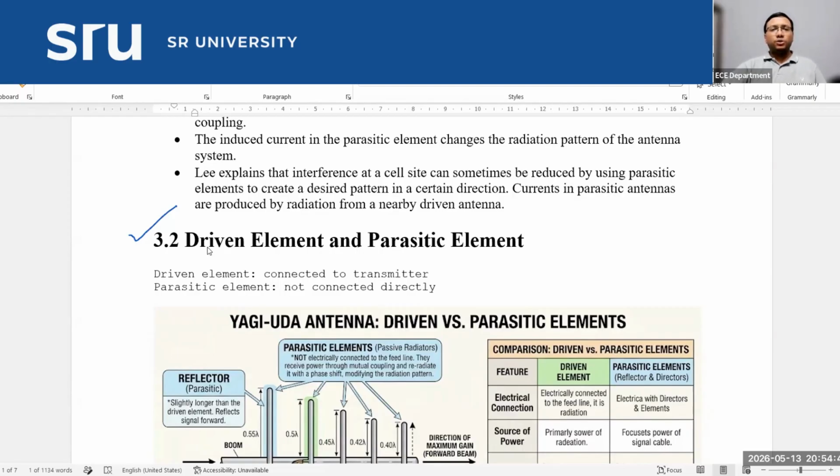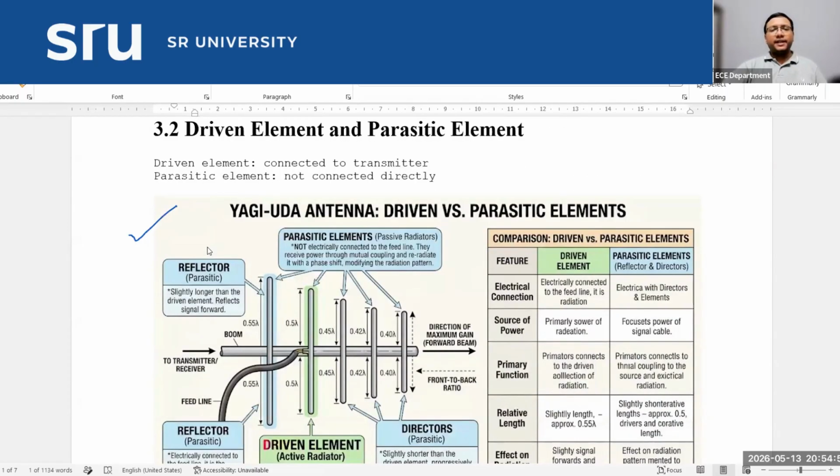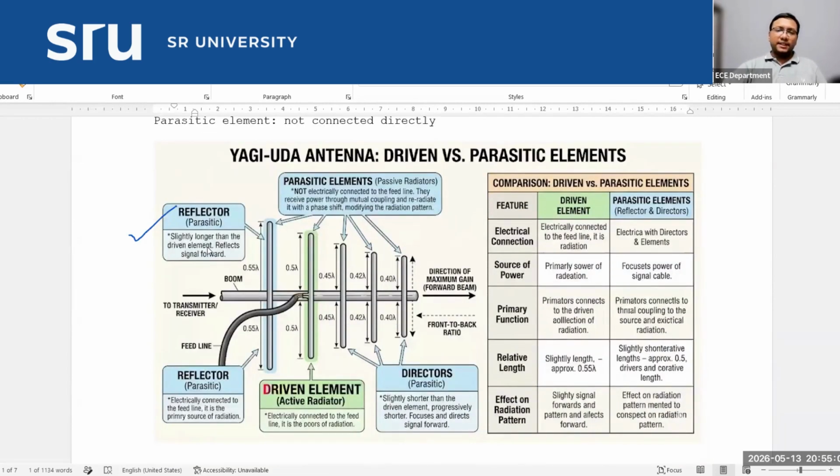So the main goal should be to limit the radiation within that cell. Now, how do this driven element and parasitic element work together to create the desired radiation pattern? That is our goal to analyze.